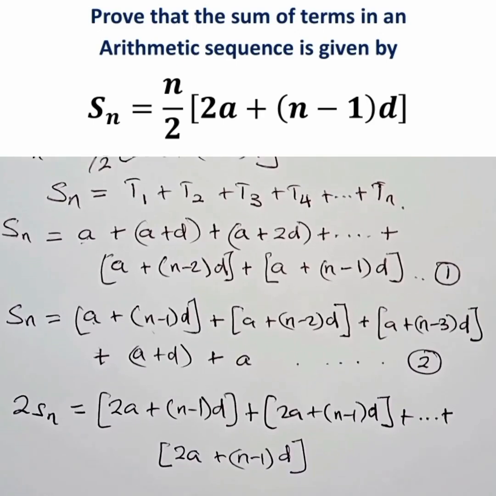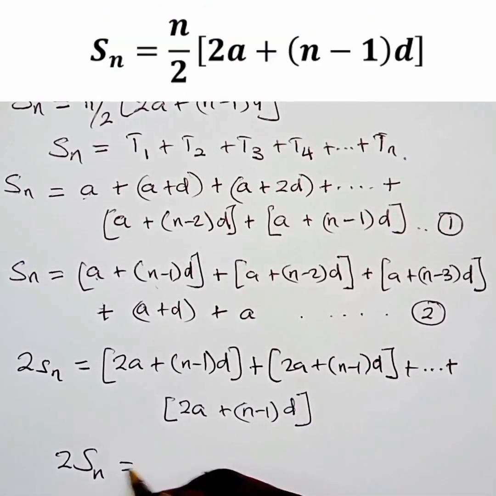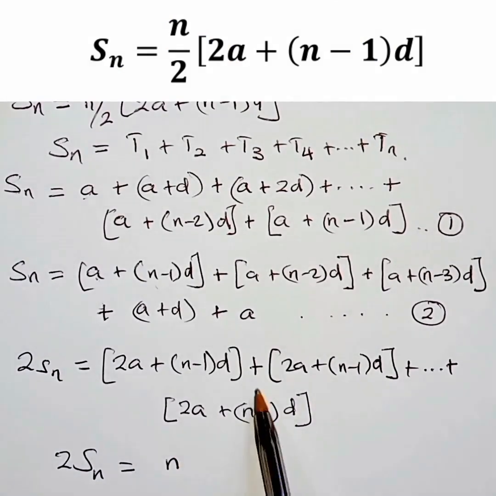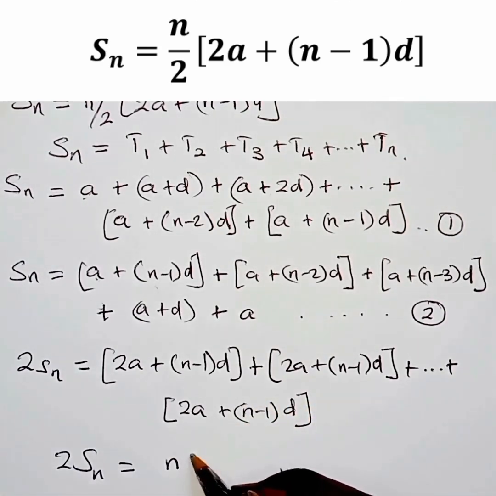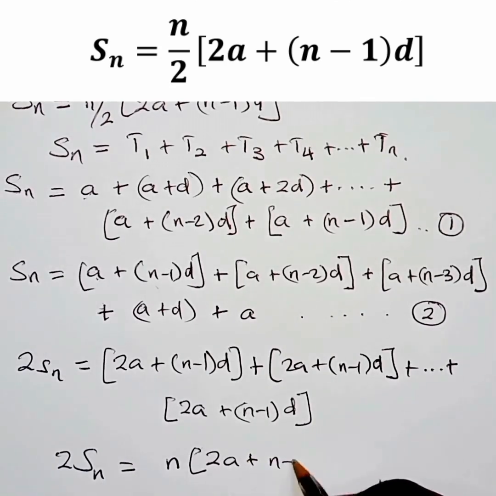Okay, so now we are going to say 2Sn is equal to n because we got n of these. Okay, because n is a number that we don't know. Then n multiplied by (2A plus (n minus 1)D).